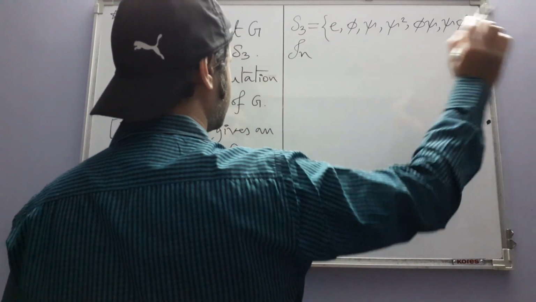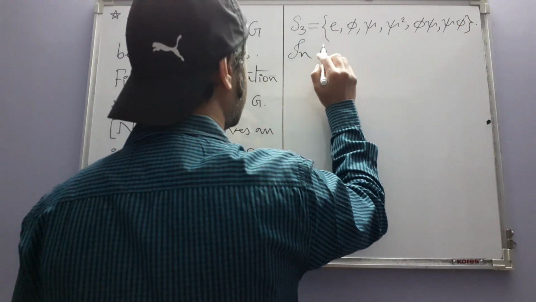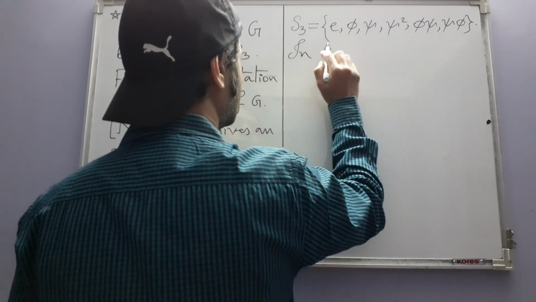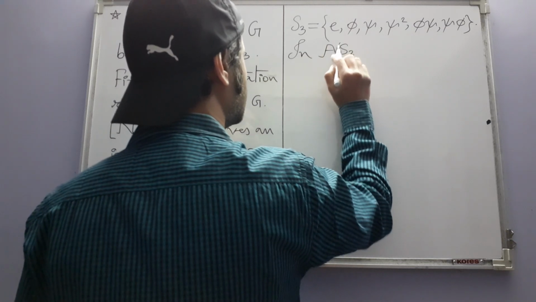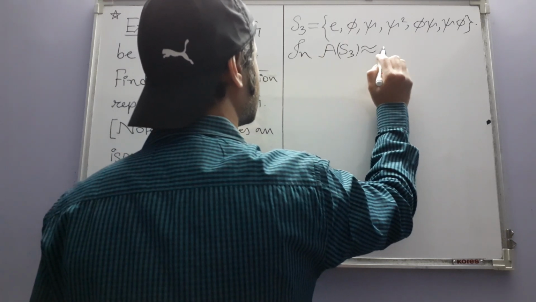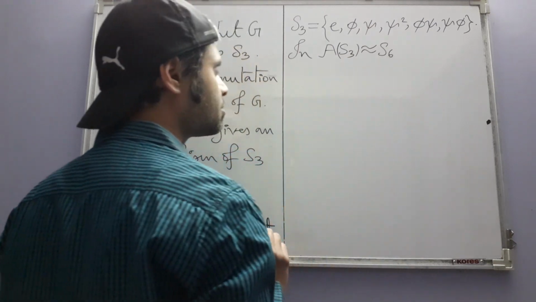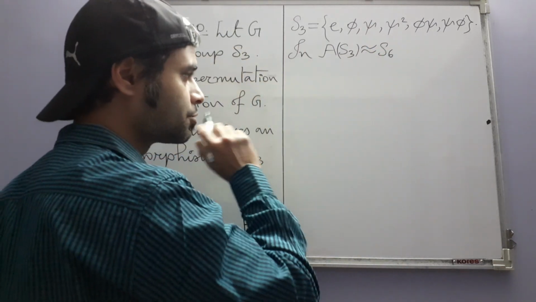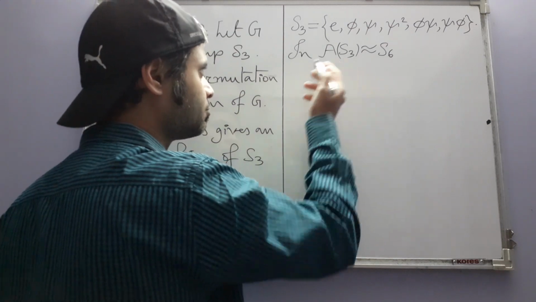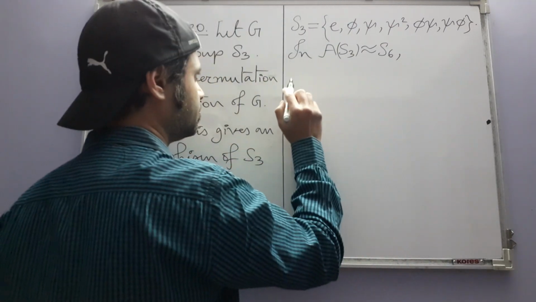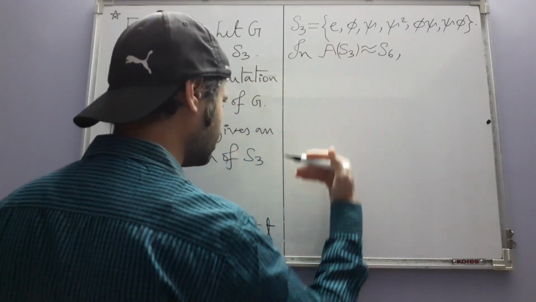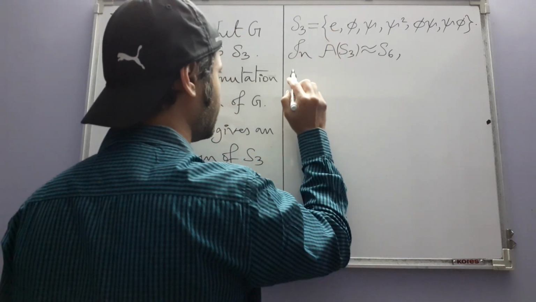Now I am just going to write the final result in A of S3, which is isomorphic to S6, because there are 6 symbols whose permutations we are considering in A of S3. It would be better if I write like this, like an equation array.